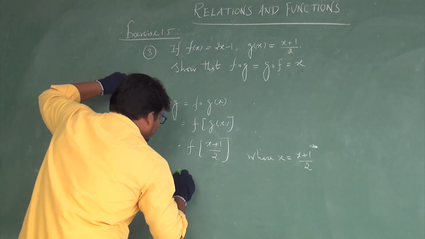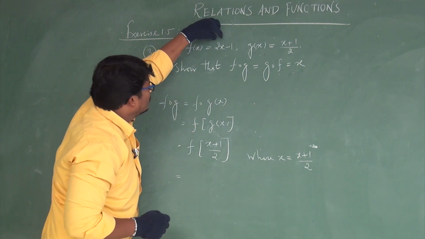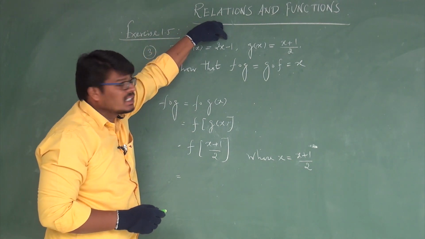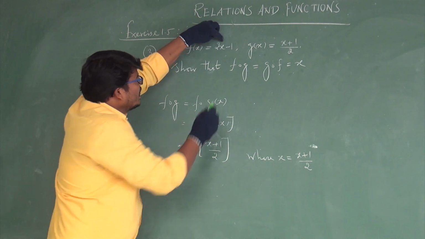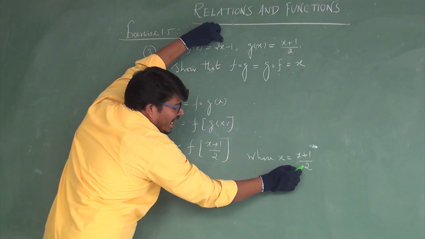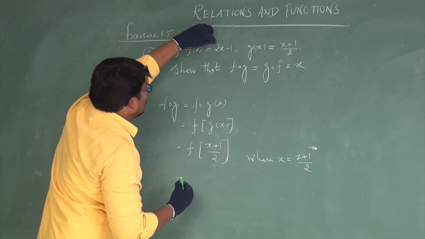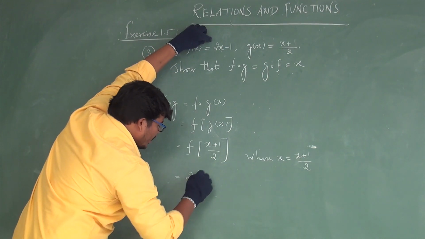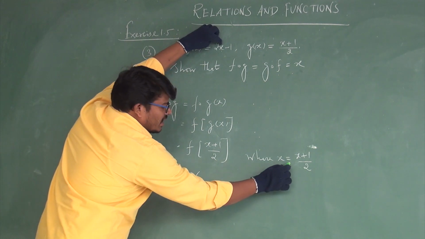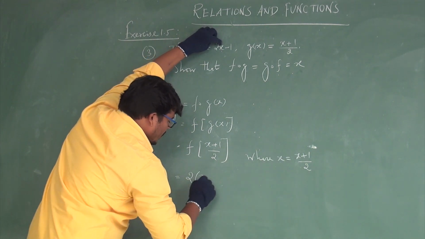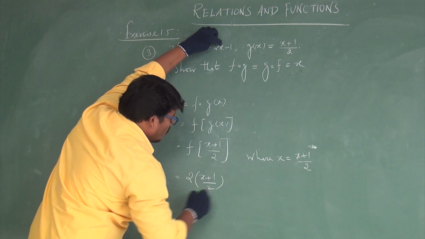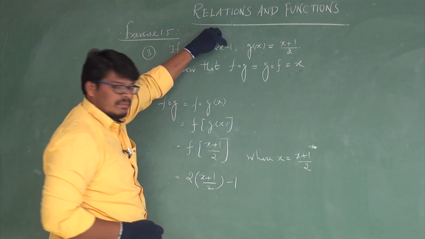Here f of x is 2x minus 1, where the x value is replaced by (x plus 1) by 2. Now substituting in f of x, 2 into x, where x is (x plus 1) by 2, minus 1.